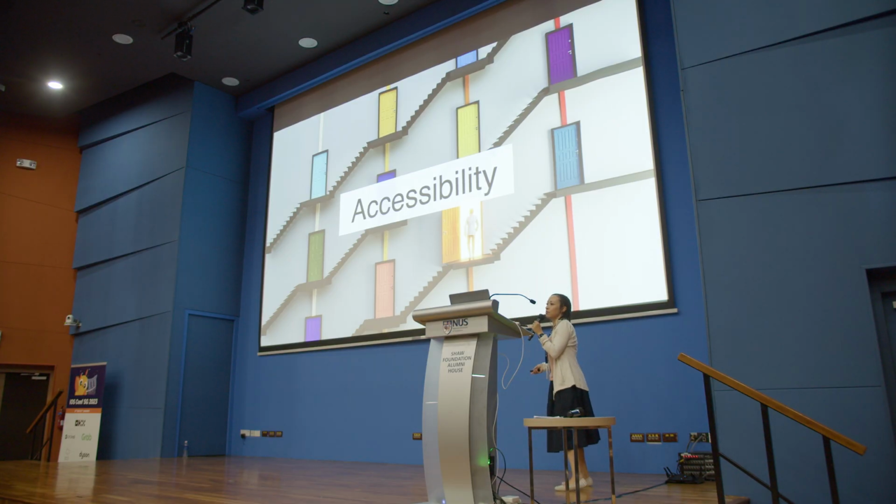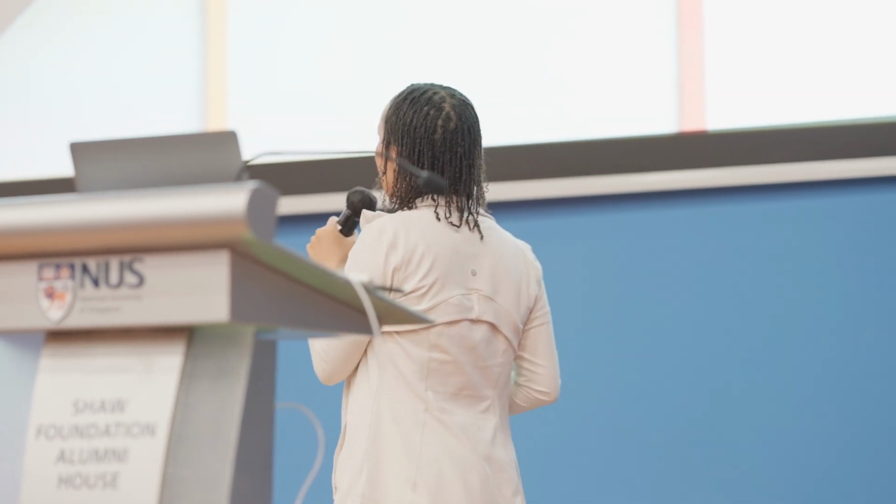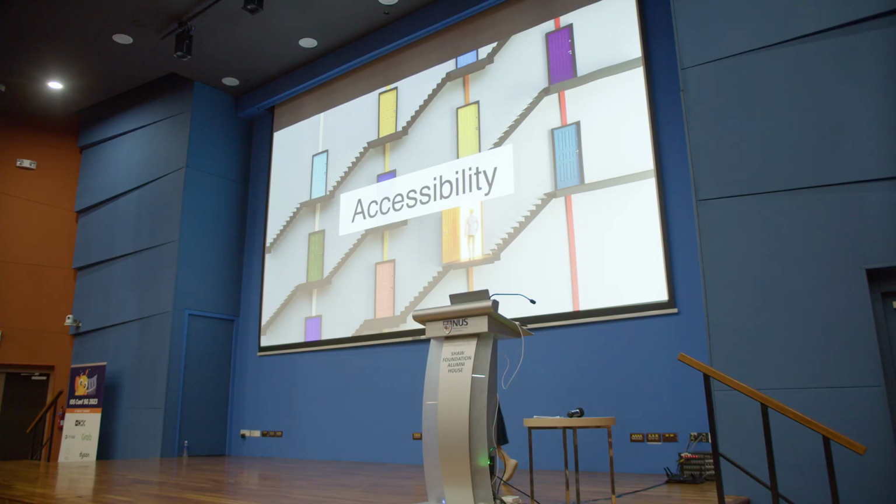So now I'm going to start going a little bit into the topic of accessibility. For me, usually when I think about accessibility, I think of it more as when you're creating a visual or an infographic or anything, just being mindful of how different people view this.